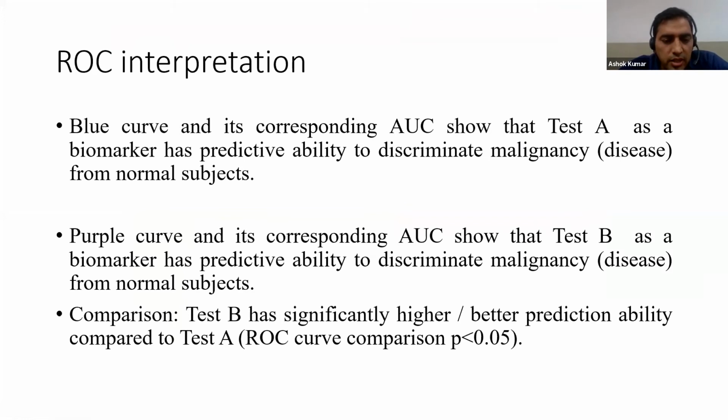And in comparison, test B has significantly higher or better prediction ability compared to test A. ROC curve comparison, p value less than 0.05, with its AUC value and its 95% confidence interval. We have to mention where we get them from, no problem.